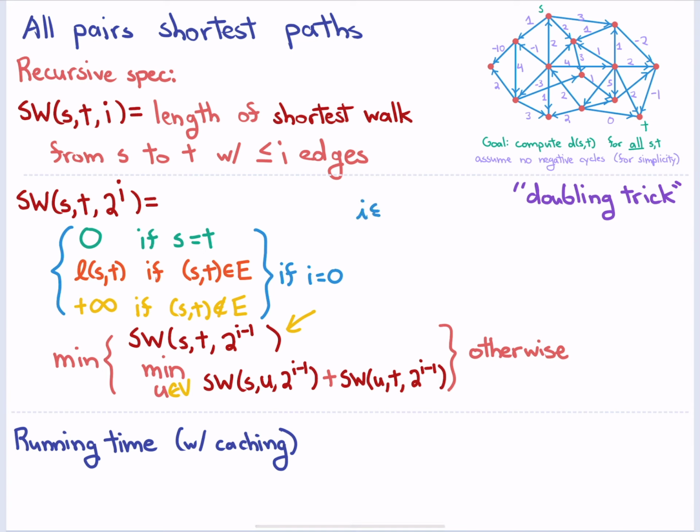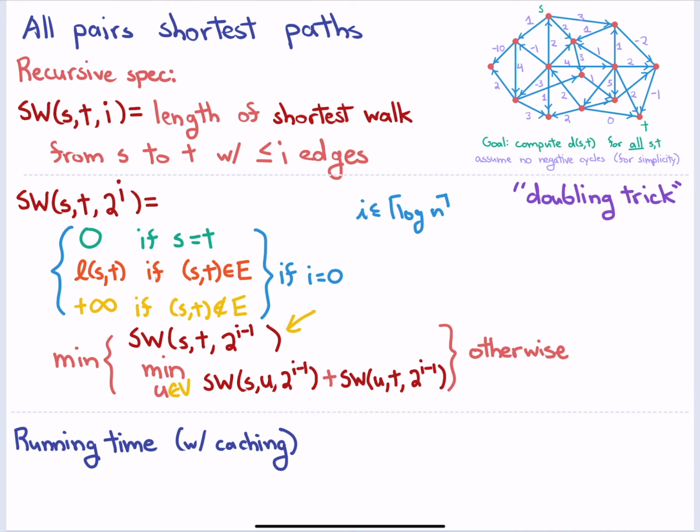Once I get to log n, then I know I've covered all the paths and there's no negative cycles, so I'm done. So there's log n choices for I. And you said mn log n. So I guess you're saying that there's n choices for S, and I'm trying to sum over the degrees for T or something. That's what we did before.